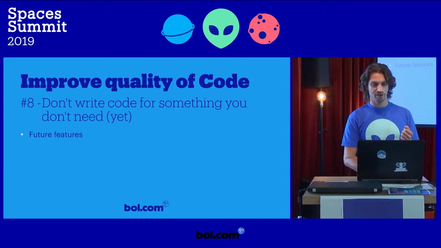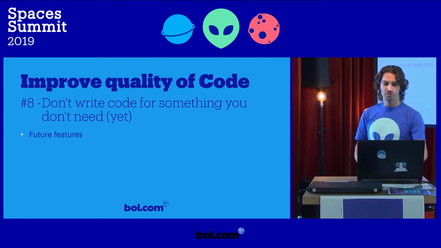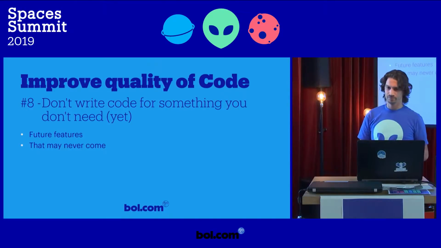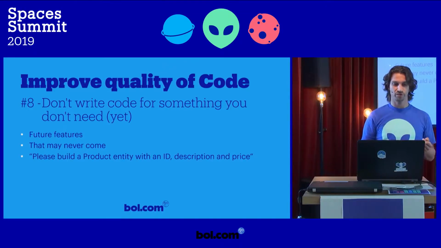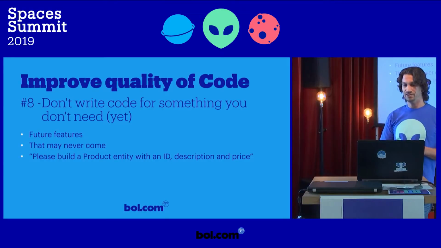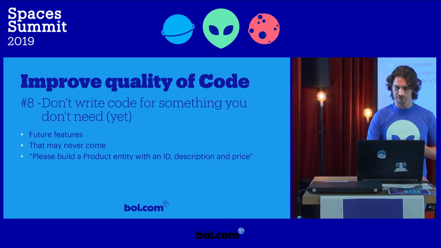But let me give you an example. Future features, so features that you think will be there in the future, but actually they might never come. To give a practical example, suppose PO, the product owner, comes to us and asks, please build a product entity with an ID and a description and a price. Okay, well, easy, right?